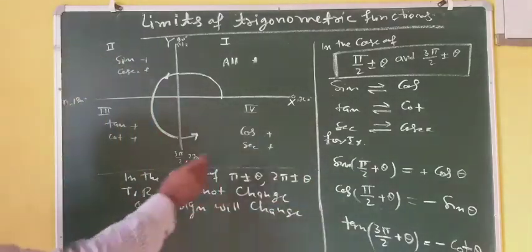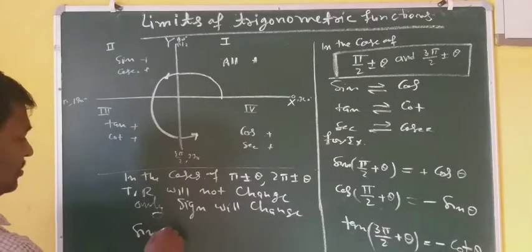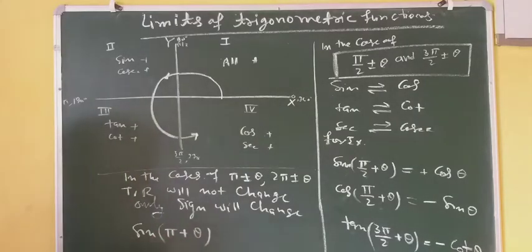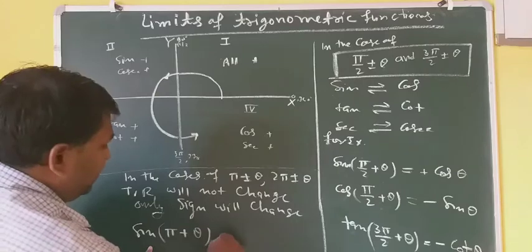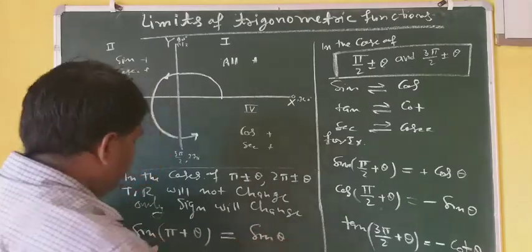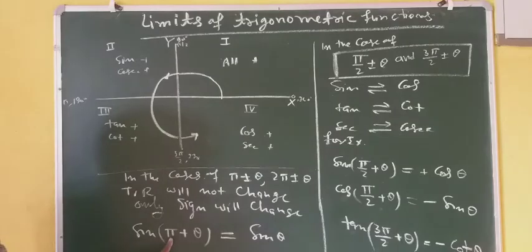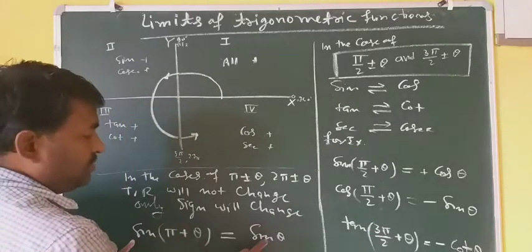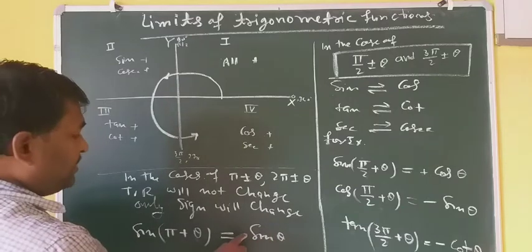For example, sin of pi plus theta. It is pi plus theta, so obviously it will not change, so sin theta will come. Just leave pi or 2 pi, whatever, except theta. So sin theta. Now what will be its sign?